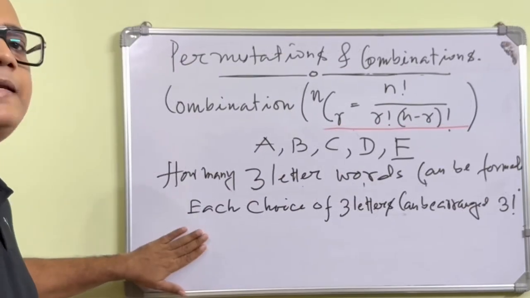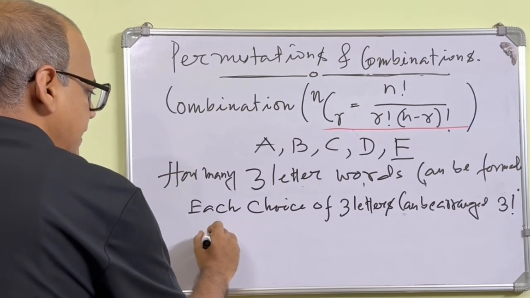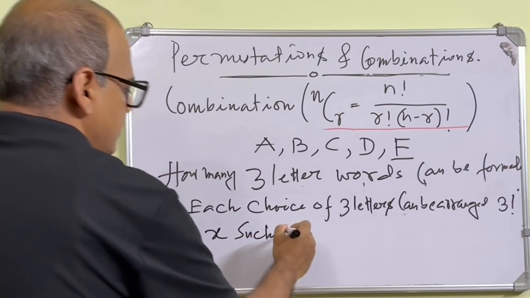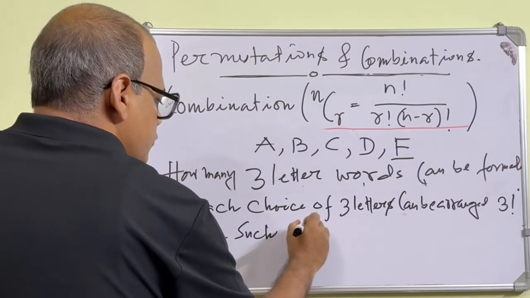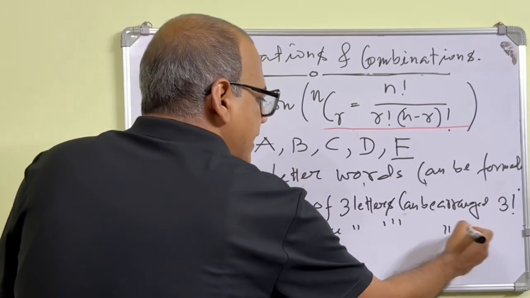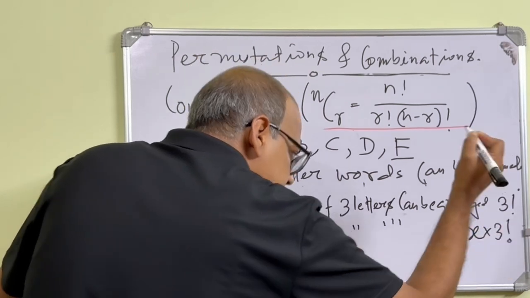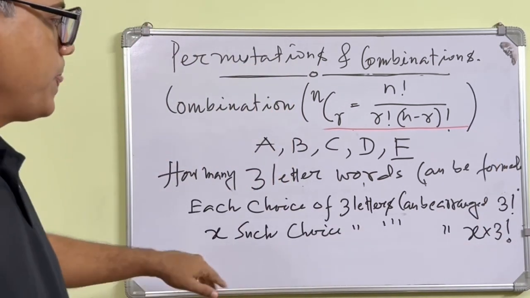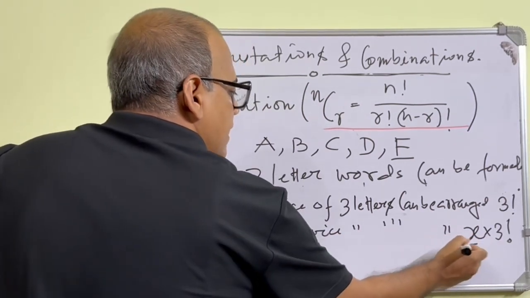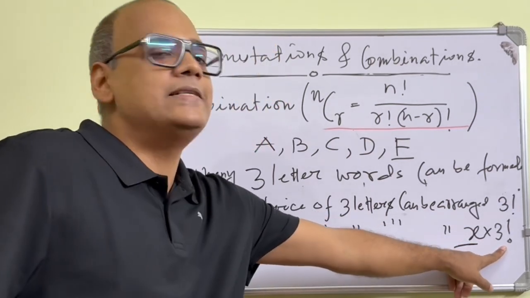So using the unitary method, we can simply write: X such choices of 3 letters can be arranged in X times 3 factorial ways. Here X is the number of choices and 3 factorial is the arrangement.